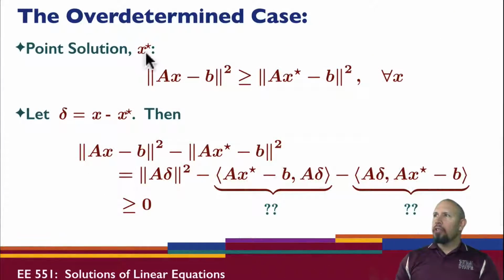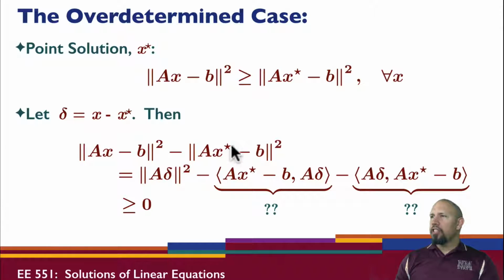So again, for a point solution, the norm of Ax minus b squared must be greater than or equal to the norm of Ax star minus b squared. So for all x, I need to have this for x star to be the point solution, the minimizer. So we're going to let delta be x minus x star.